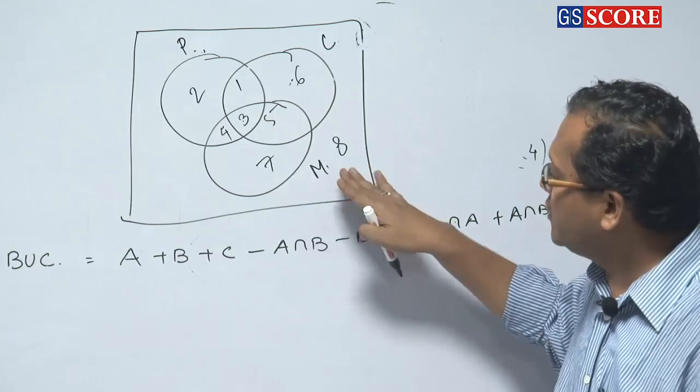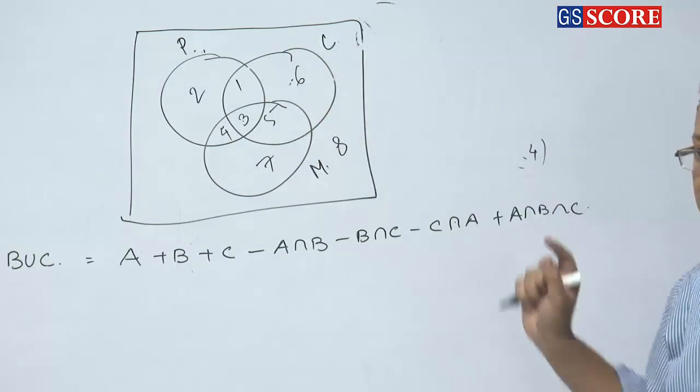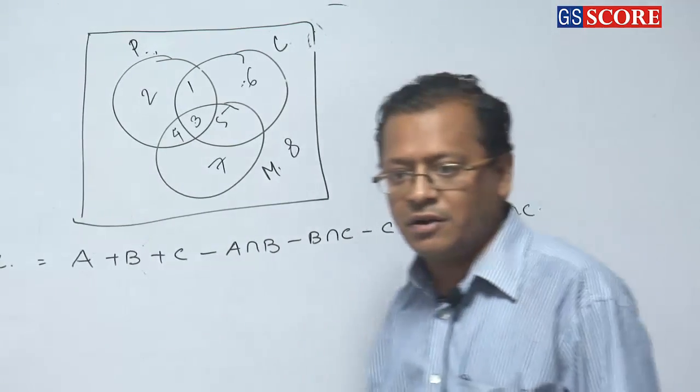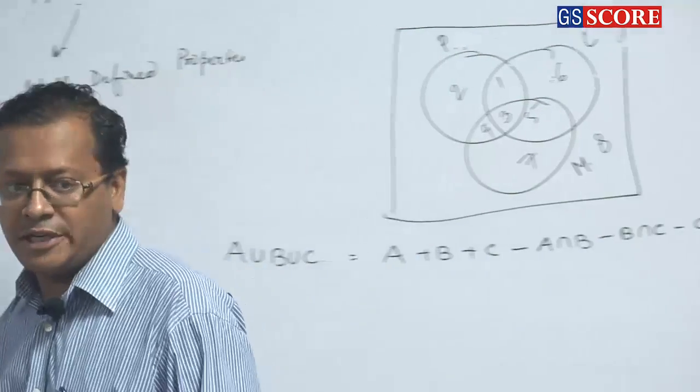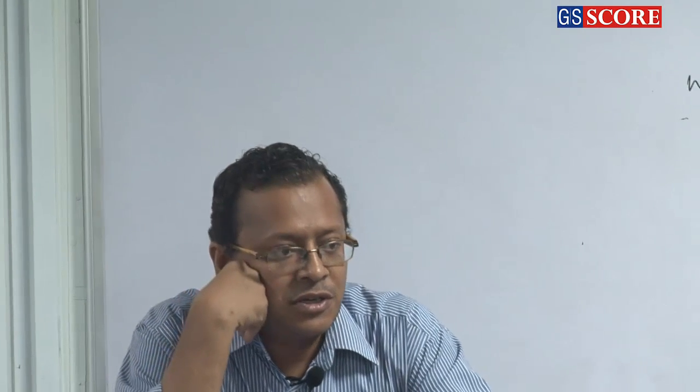These are the number of students given in each of the blocks. Clear or not? So write the values and then I ask you questions. Or you can just see it and then answer my question.